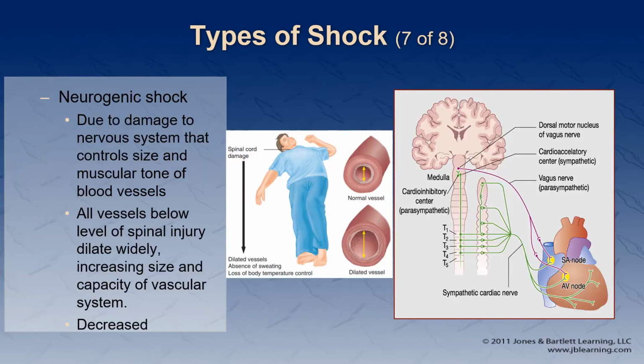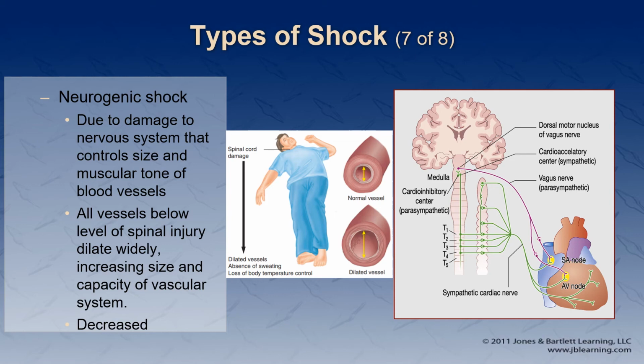So neurogenic shock, this is a flavor of distributive shock, but this is why spinal injuries, especially high spinal injuries, are so concerning for shock states, right? So the sympathetic nervous system hits all of those arterial smooth muscle sphincters that control the pressure in them, control their size.